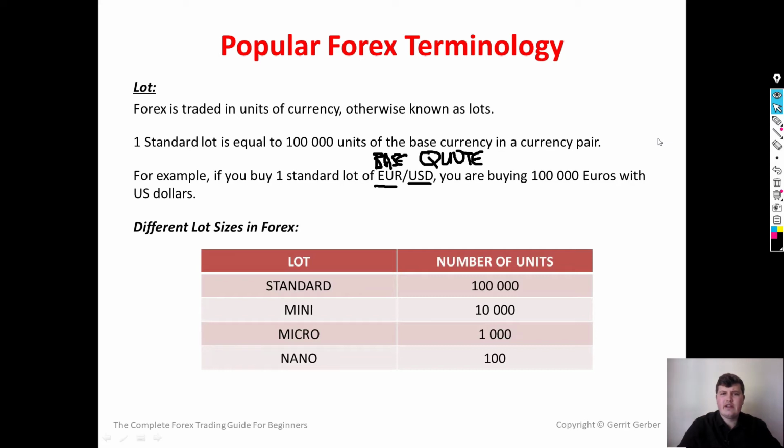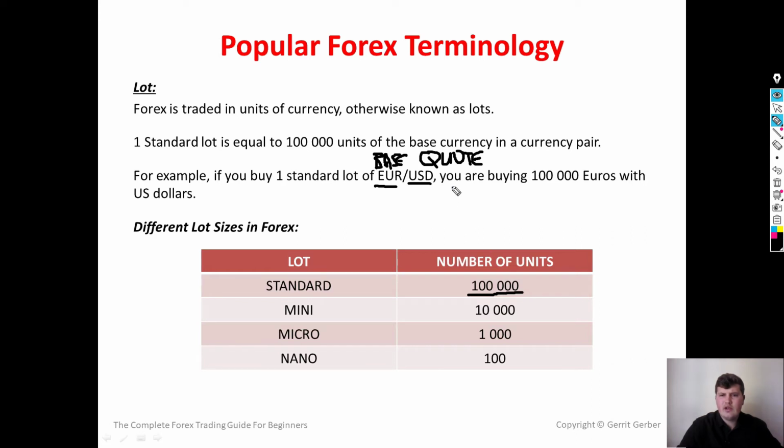And the different lot sizes in Forex are the standard lot, mini lot, micro and nano, with the standard lot being the most widely used by brokers and being equal to 100,000 units of the base currency.